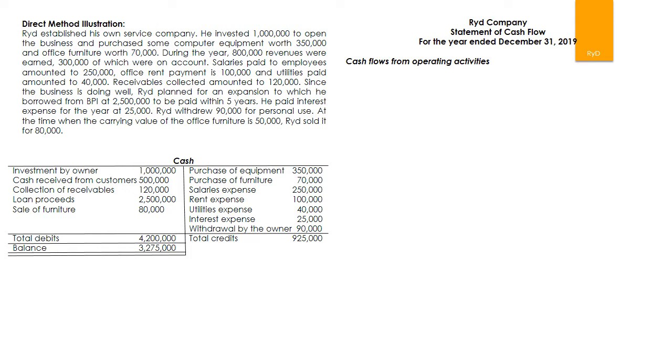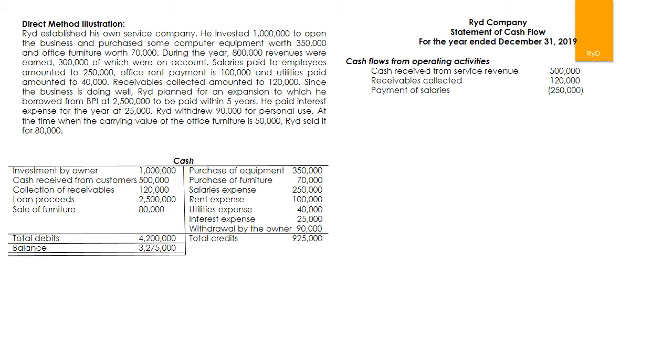So, in our T-account, class, where are the operating activities? We have the cash received from service revenue of 500,000, our collection of receivables at 120,000, our payment of salaries at 250,000.